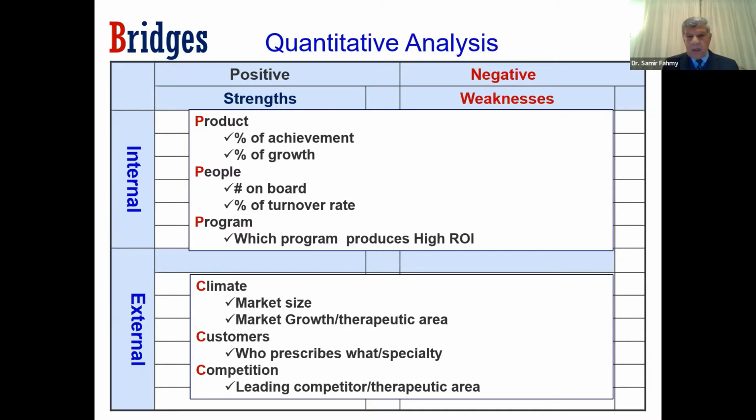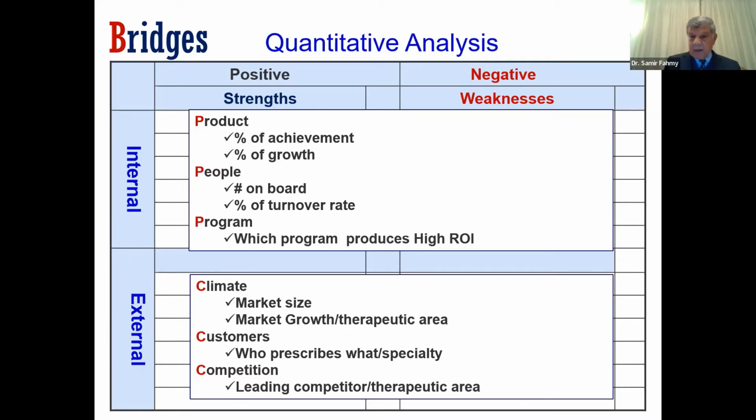For the program, which program produces high return on investment. For instance, if you have 2, 3, 4 programs, you will check back which of them is producing high return on investment. For climate, you look for the market size, market growth, and therapeutic area. And for customers, who prescribes what, per specialty. For competition, the leading competitor per therapeutic area.